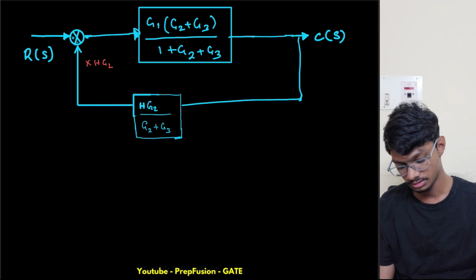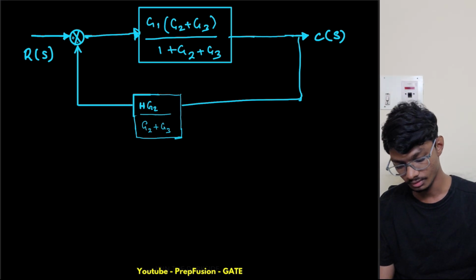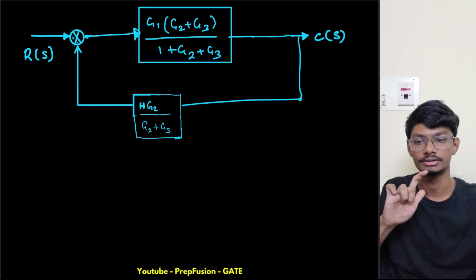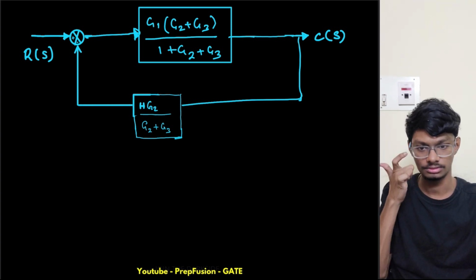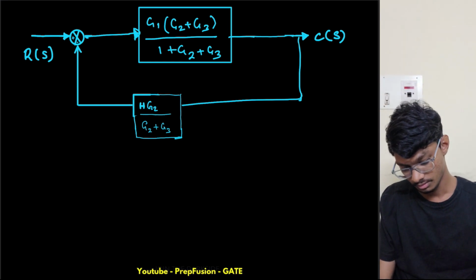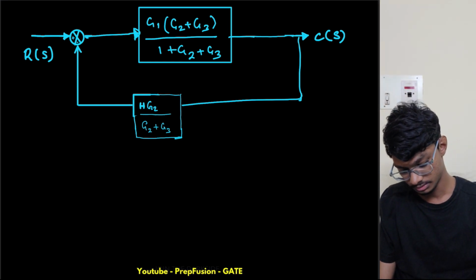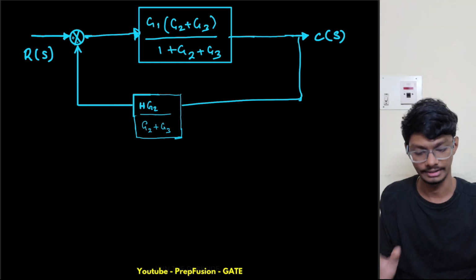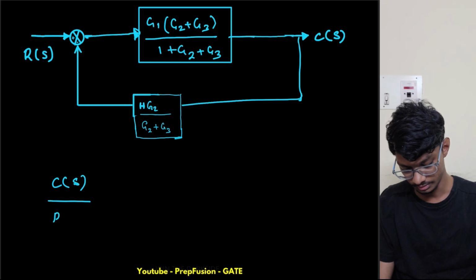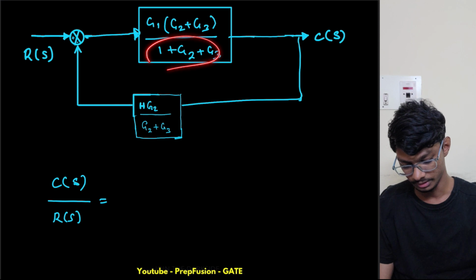Now what I can do is simply again convert this as a negative unity feedback. Again I can convert this into a single block, right? So what will the conversion be? Okay, let me calculate this. So simply now I can directly write the equation, right? C(s) by R(s) equals simply, now we have this denominator, right?